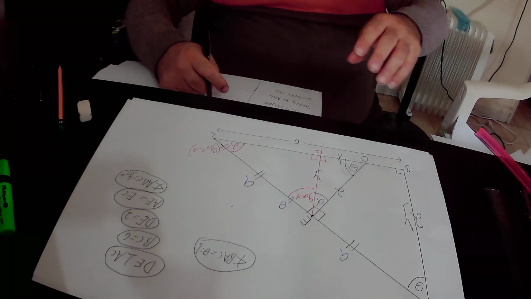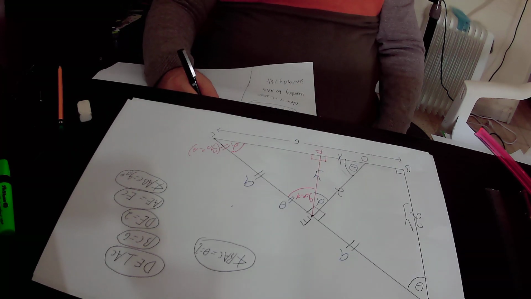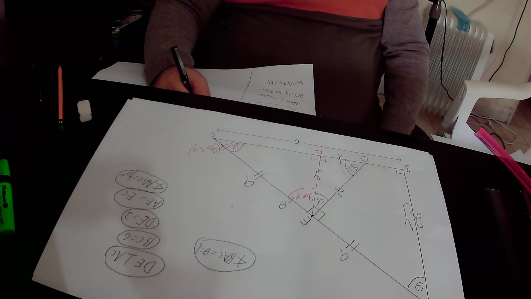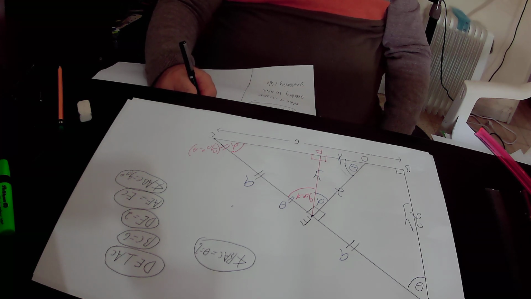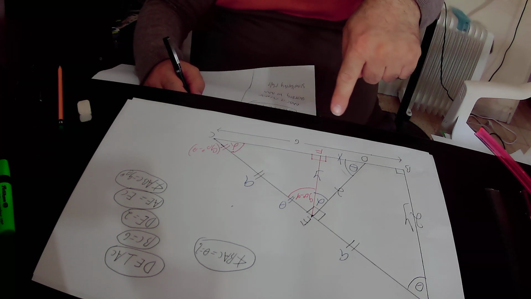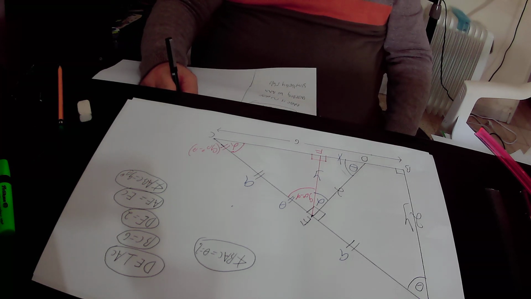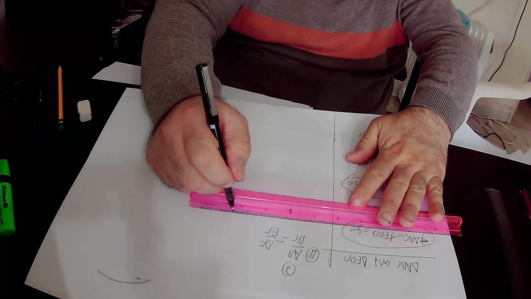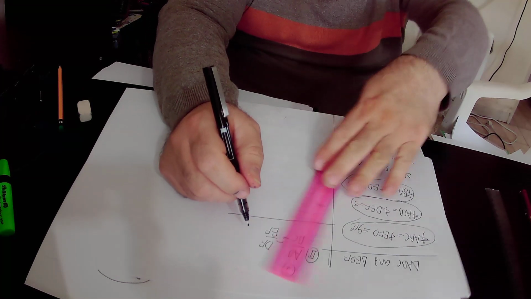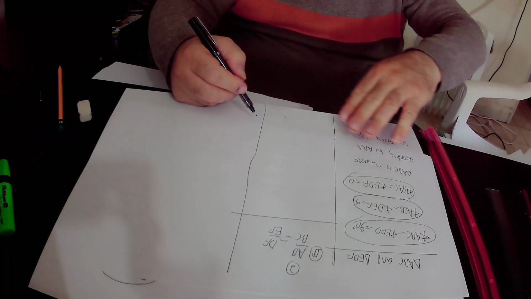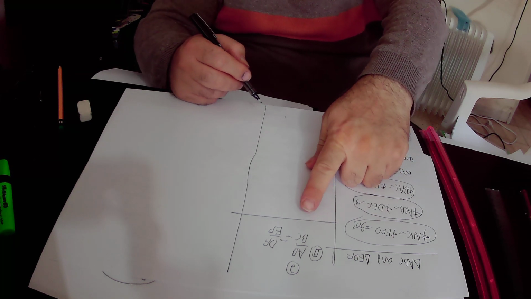And from the fact that those two triangles are similar to each other, we will conclude that AB over BC equals DF over EF. I'll repeat again, from the fact that triangle ABC is similar to triangle EDF, we will conclude that AB over BC equals DF over EF.